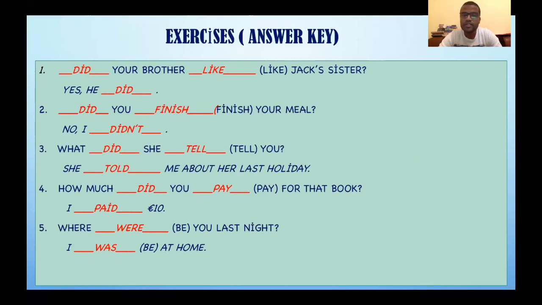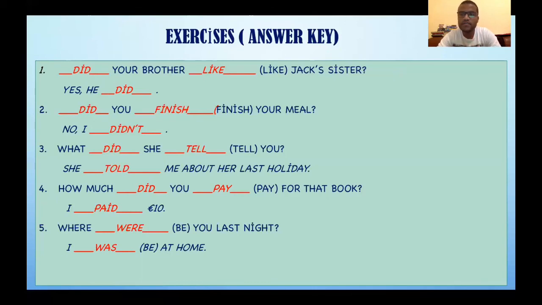For regular verbs, sometimes we add d for verbs that end in e, sometimes we add ed for verbs that end in consonant and y, and for the other verbs we put ed.